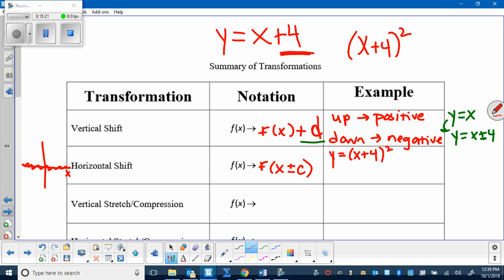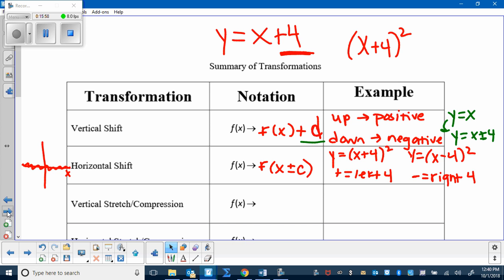What do you know that graph is? What does the squared tell you? The squared tells you it's quadratic, which means it's a parabola. And the plus 4 should look familiar from Algebra 2. If it's inside the parentheses, it's actually opposite. So plus is left 4. And let's say it said (x minus 4) squared. If you have a minus sign, that means it moves to the right 4. So anything with x is actually opposite what you think it would be.